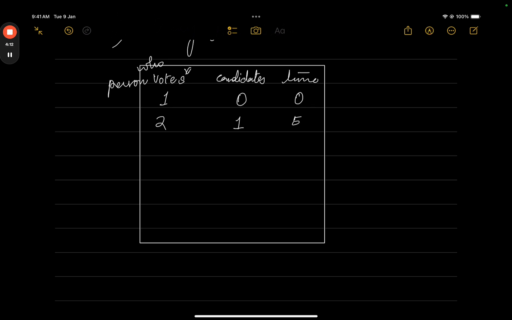The third person is voting for the same person, 1, at time 10. The fourth person is voting for 0 at time 15. The fifth person is voting for 0 at time 20. The sixth person is voting for 1 at time 25. The seventh person is voting for 0 at time 30.